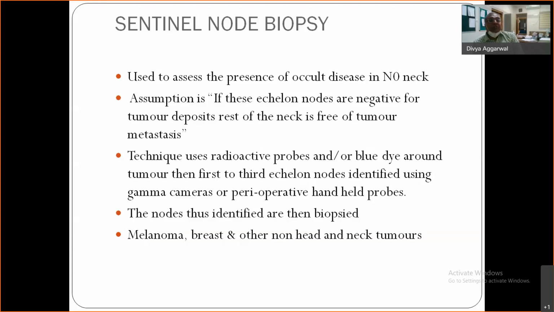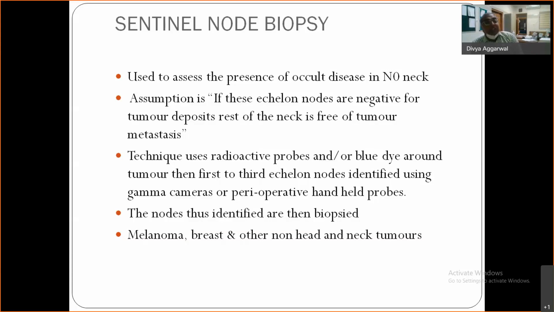So what happens is that you can use a radioactive probe or a blue dye, and you can inject it in the tumor, and you can identify whether the radioactivity is there in that part of the neck, or some blue dye has gone into that part of the neck.